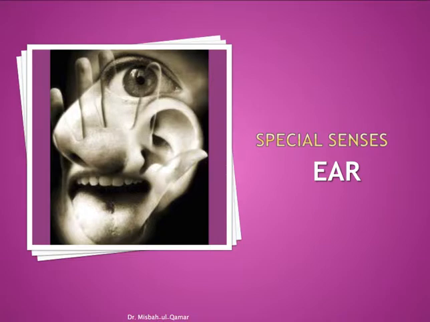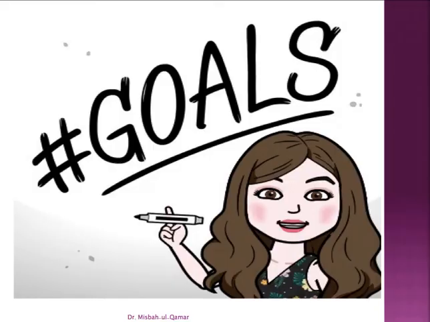So, what are the learning objectives for today's lecture? I will give you the introduction to the bony and the membranous labyrinth. Then we will look into the physiologic anatomy of the cochlea and its functional units.